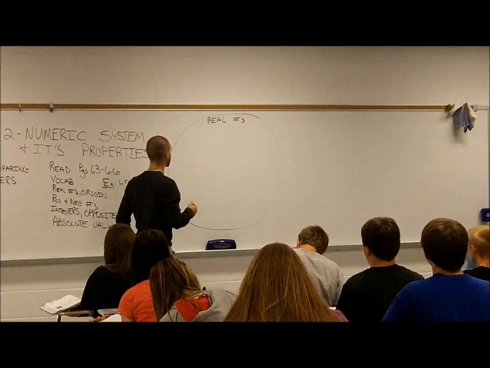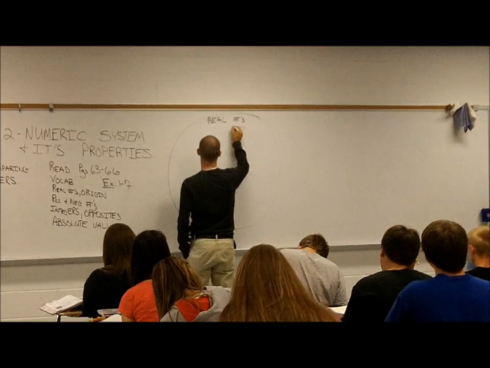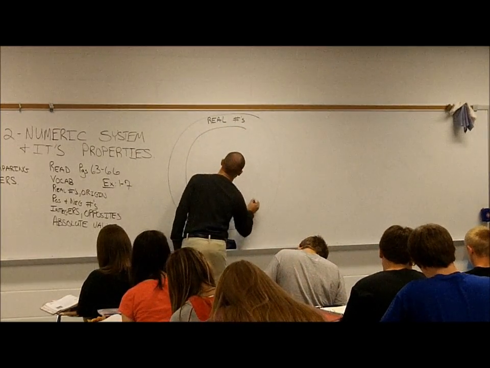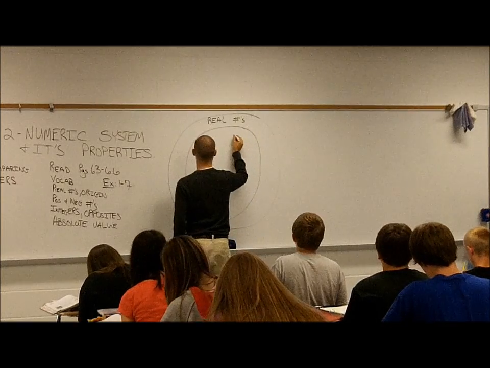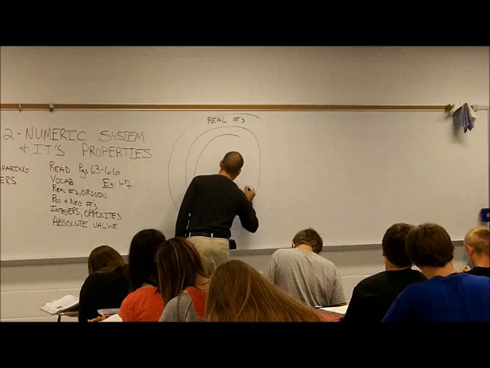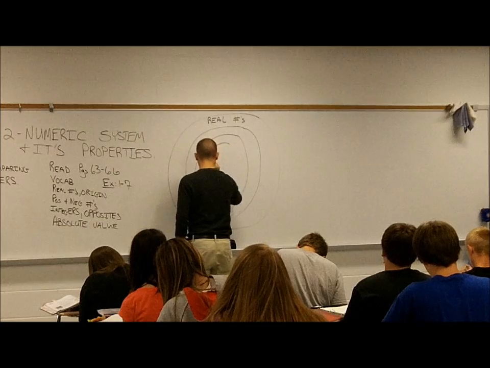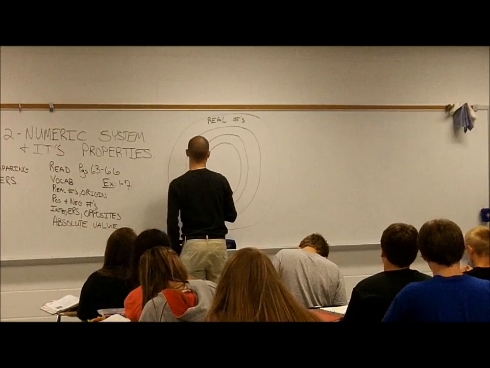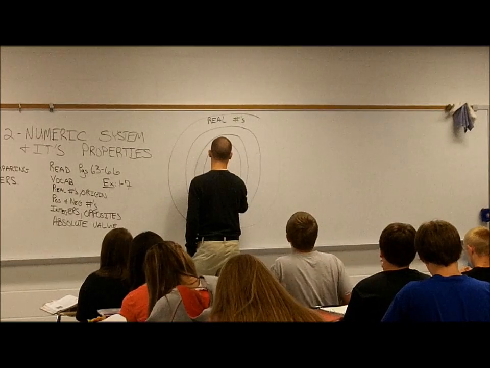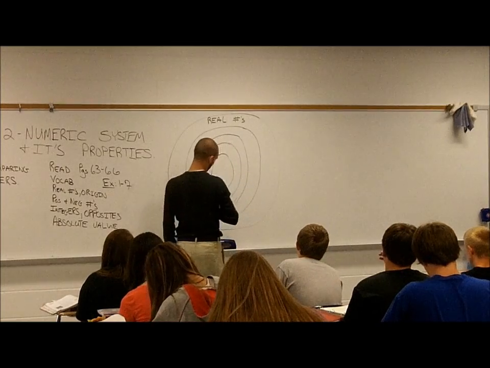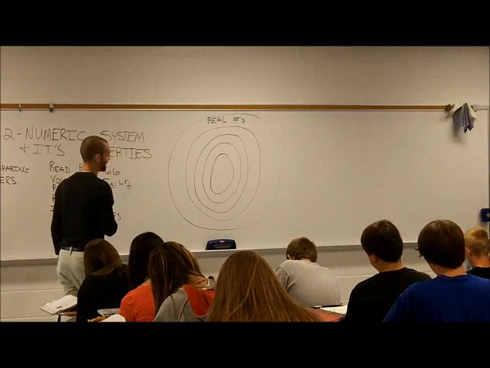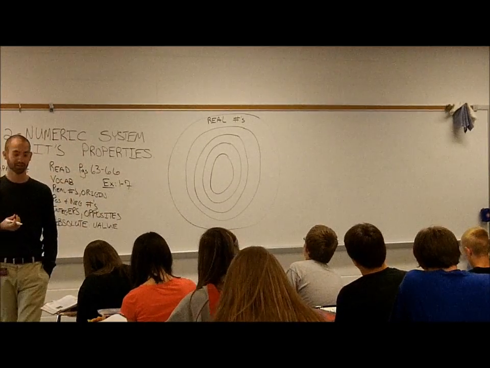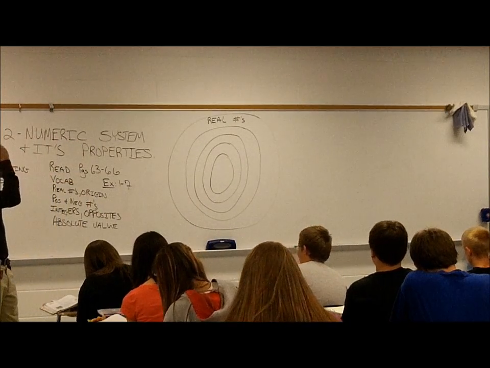You have another circle. We'll talk about that group. And then there's another circle. We'll talk about that group. Then there's another circle. These circles are getting worse, but more like ovals. And then another circle, or oval. How many? Man, I started off with a really good circle. There's 5.